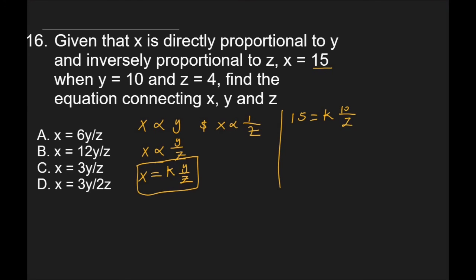And this means that z is 4, so z should be replaced with 4, and this would mean that we have 15 times 4 if you cross multiply equal to k, and you can also divide this by 10. 5 here 3, 5 here 2, 2 here 1, 2 here 2, so this is equal to 6. k is equal to 6.